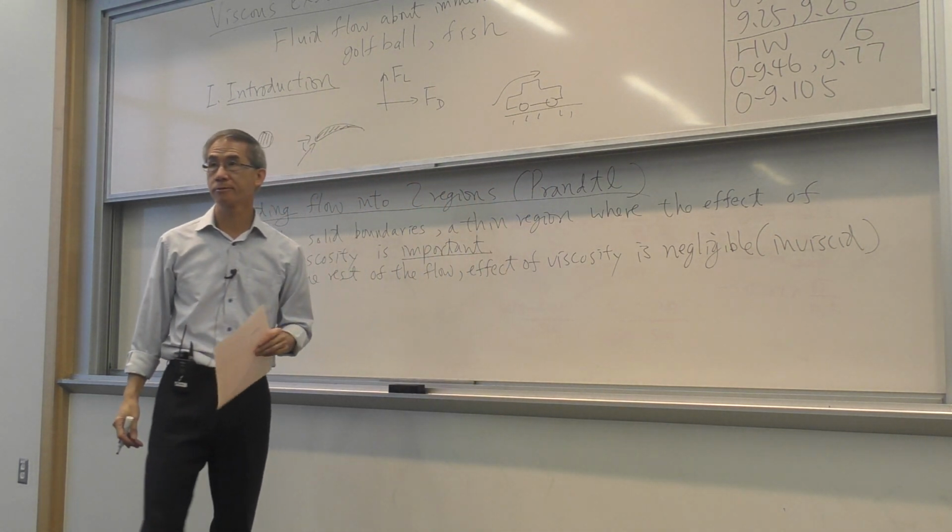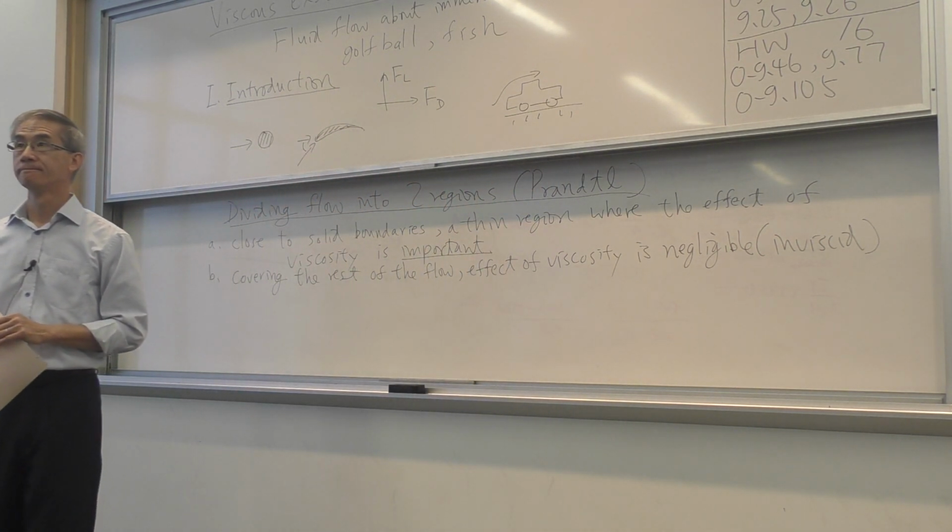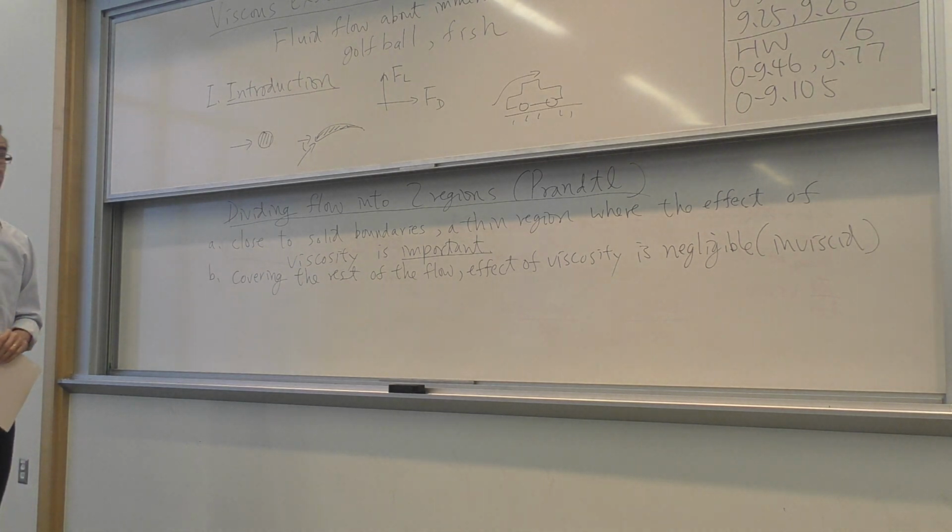Not very far, actually. A quarter of an inch for an airfoil that's typical of an airplane. I can pretend for the remaining flow, viscous effect is not important. Just forget it. It's inconsequential.